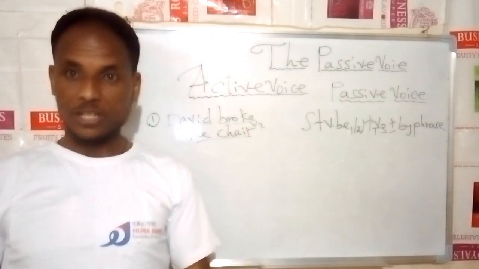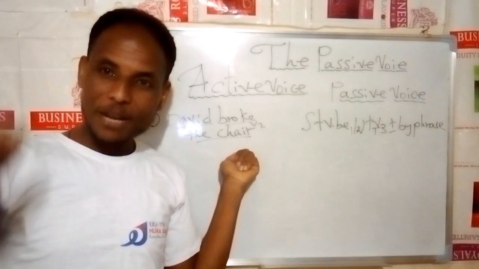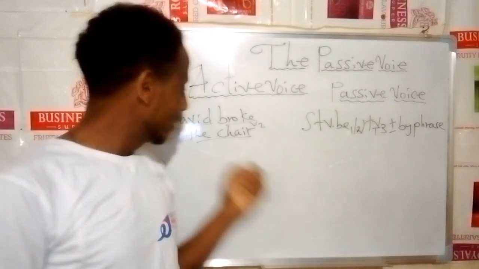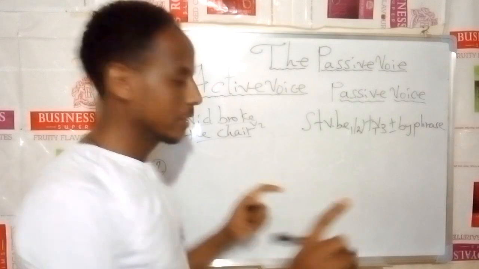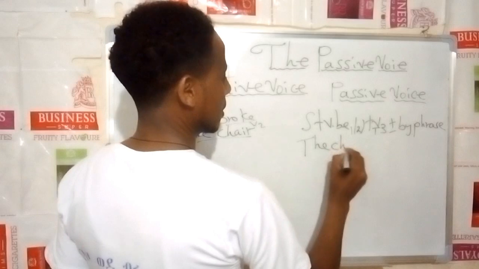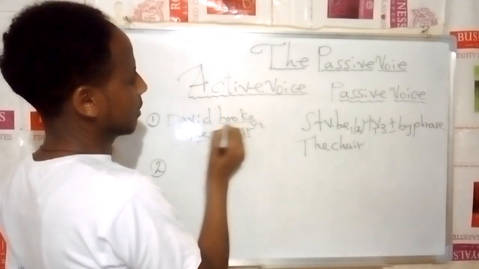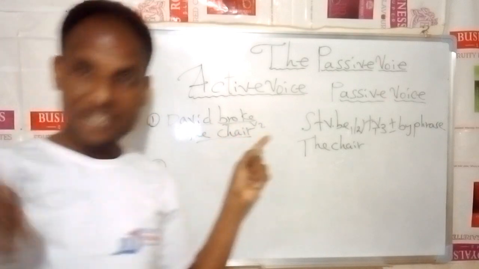David broke the chair. So the object of the active voice becomes the subject for the passive voice. Every sentence begins with a capital letter, like the chair. Look, here I used the verb broke, which is transitive.